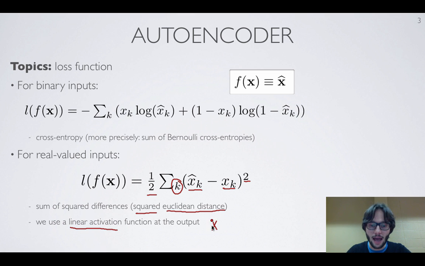So x hat would actually be equal to a hat of x. If you go back to our previous notation, a hat was the pre-activation at the output layer. So if we have real valued inputs, we would normally use a linear activation function, in other words, no activation function at the output layer. So that's another alternative if we have real valued inputs.